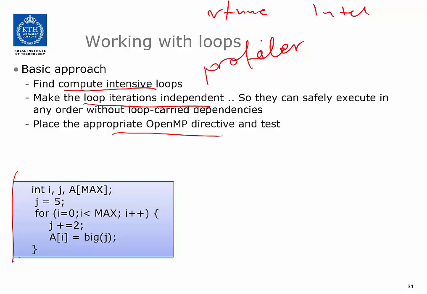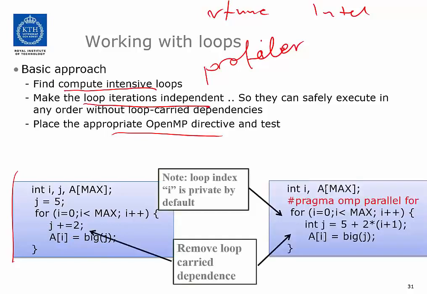Then this loop has a problem, because the iterations are not independent. You have a loop-carried dependence on the variable j here, but you can transform it. You can, for instance, instead of doing j plus equal 2, calculate the j, and you can privatize it by declaring it inside, and you can calculate it this way.